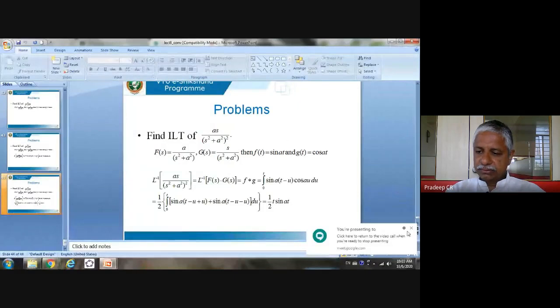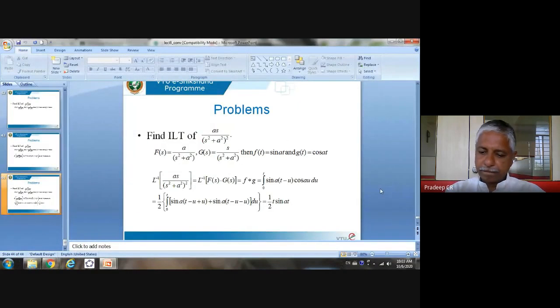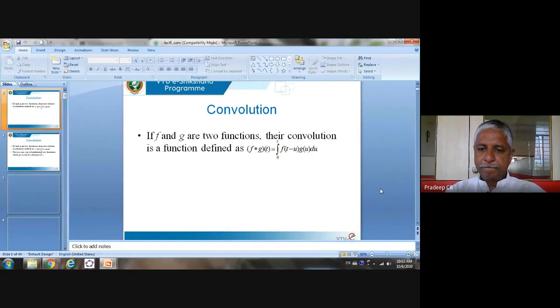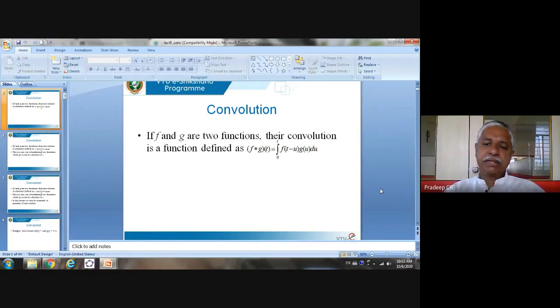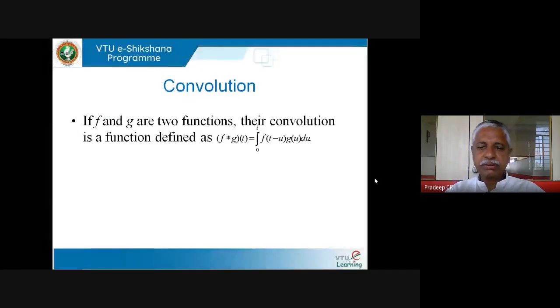So if f and g are two functions, their convolution is a function which is defined like this: f star g. f and g are two functions of the independent variable t. f star g is another function, a new function.